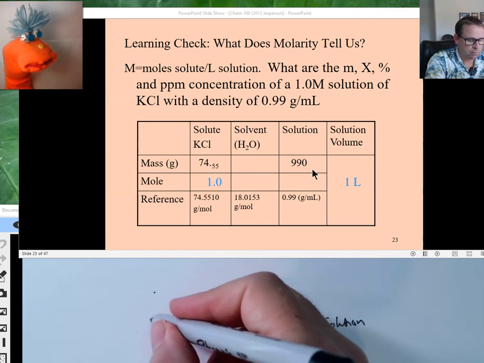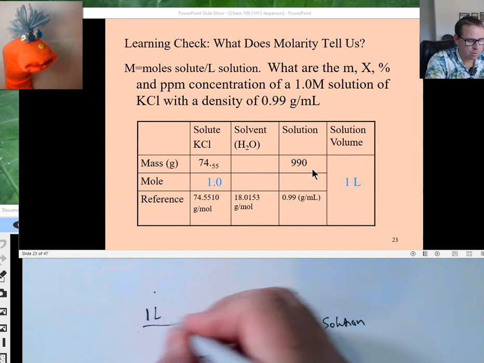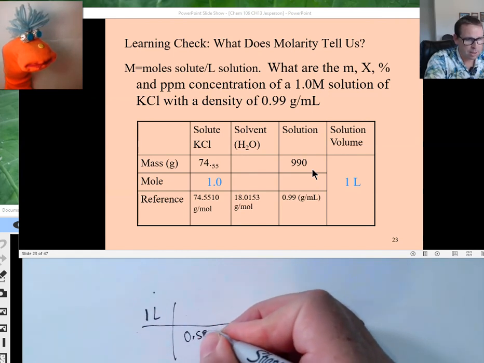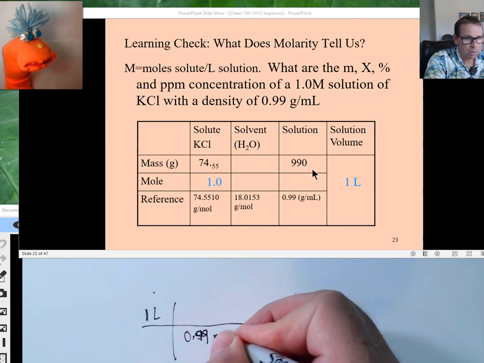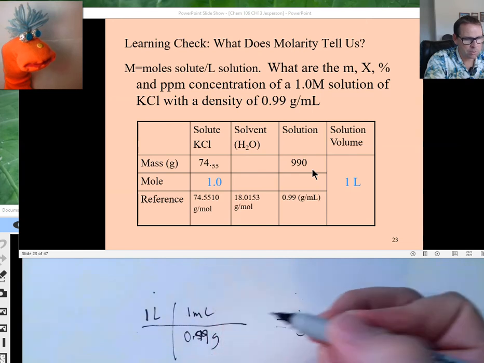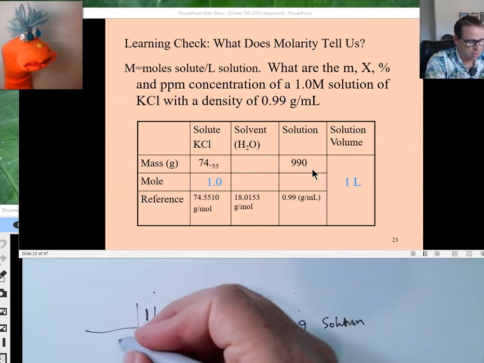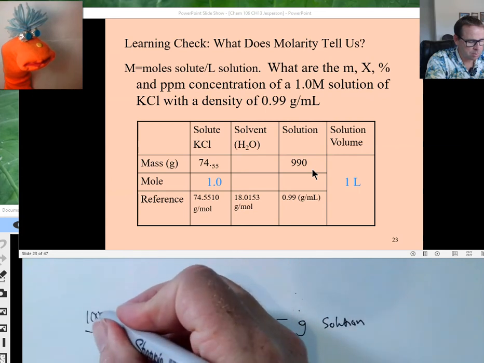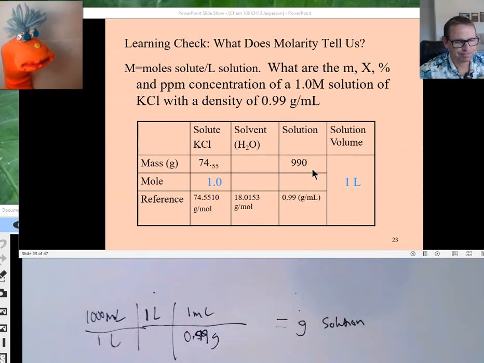I knew the volume of solution, 1 liter, and I know that there's 0.99 grams for every 1 milliliter. So if I wanted to convert liters to milliliters, I would say there's 1,000 milliliters for every liter.